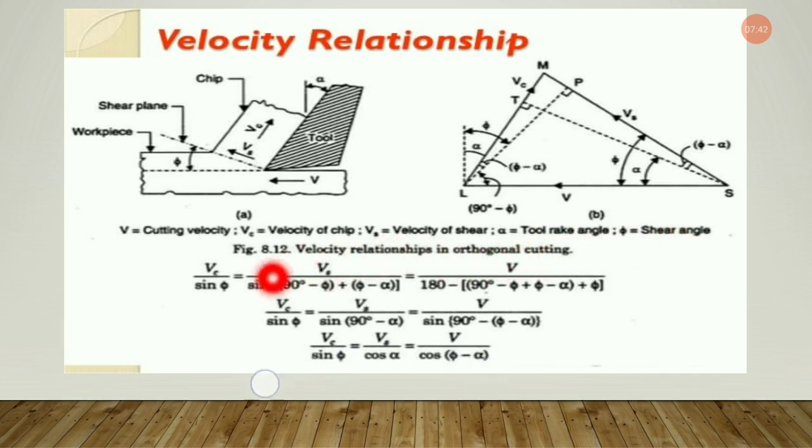From this we have to find the relationship between the different velocities in the orthogonal cutting system. The chip velocity Vc is the velocity of the chip relative to the tool and directed along the tool face.